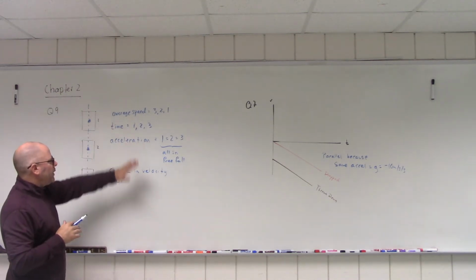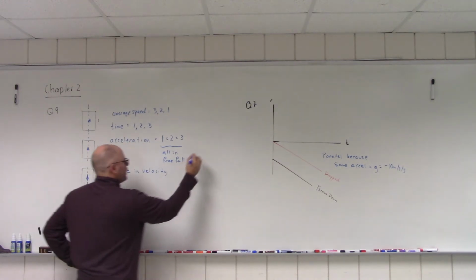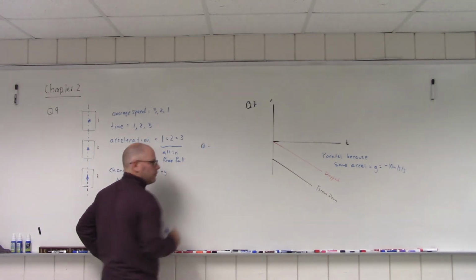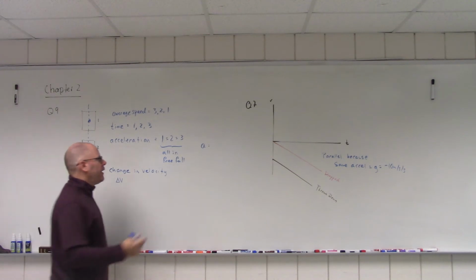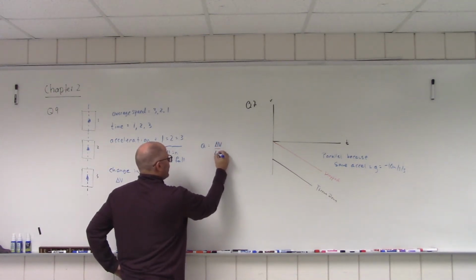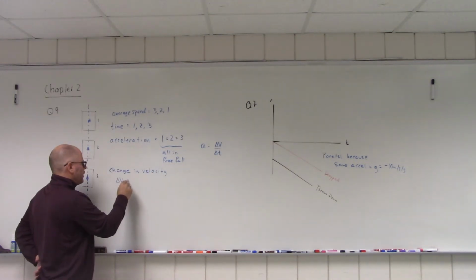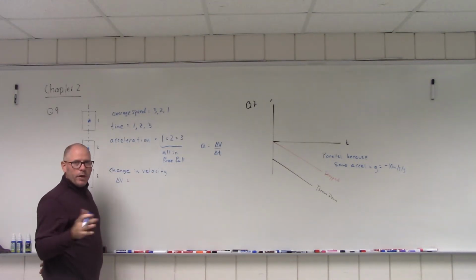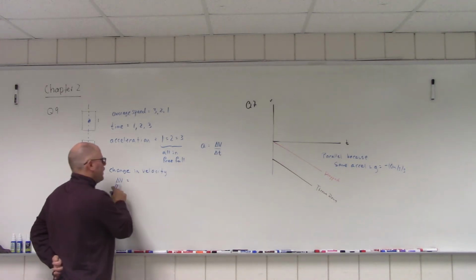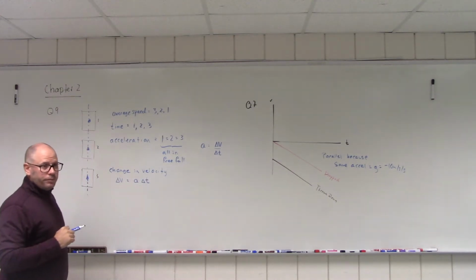And if we want to calculate acceleration, we can say that acceleration can be calculated as the change in velocity divided by the change in time. So if I rearrange this a little bit to get a conceptual framework through this mathematical representation, the change in velocity would be the acceleration times the time.